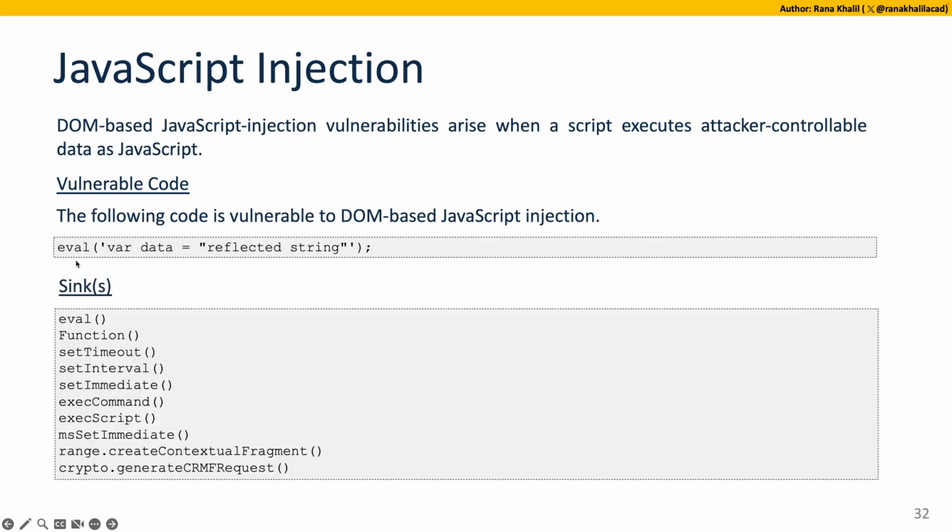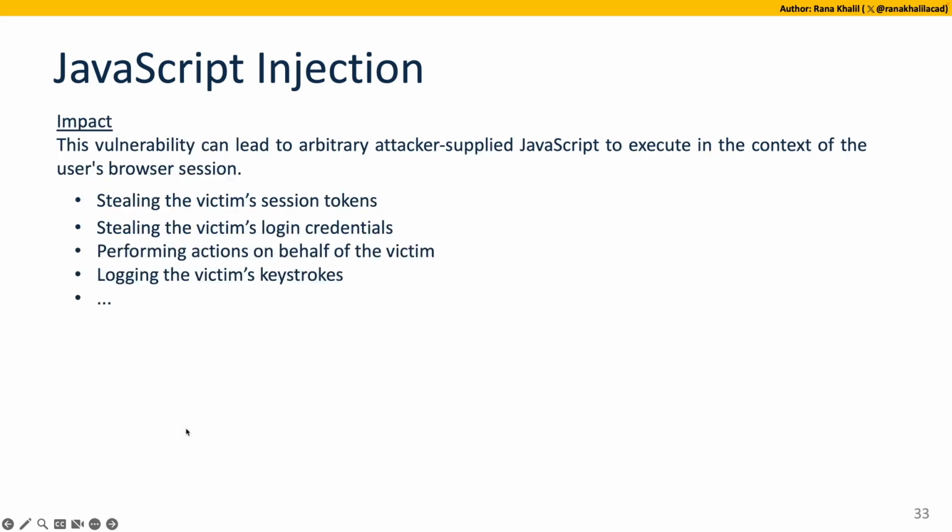Now, in the example, the eval function is the sink, but again, there are many different sinks that could lead to this type of vulnerability. The impact of this vulnerability is that the attacker can execute arbitrary JavaScript in the context of the user's browser session. So this can be used to perform an endless list of actions, starting from stealing the victim's session tokens to logging the victim's keystrokes.